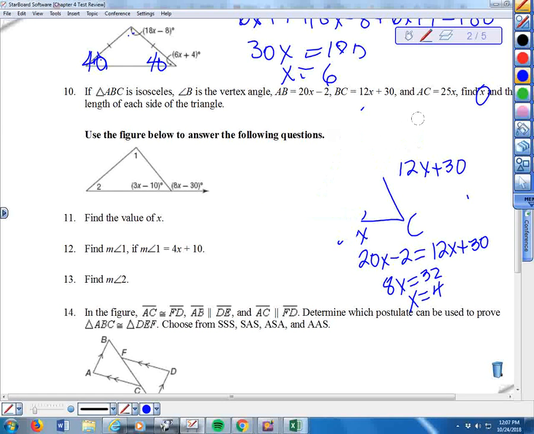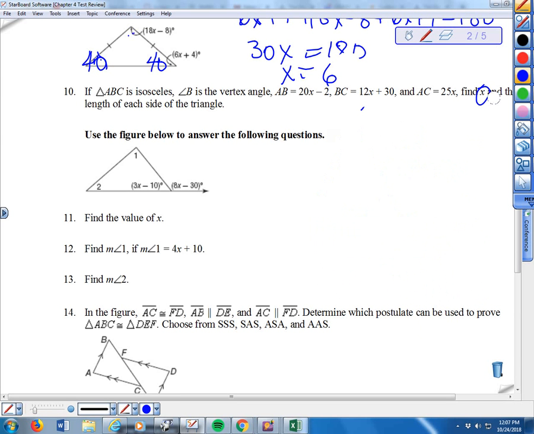All right. Use the figure below to answer the following questions. Find the value of x. So what can I do with these two? Yeah, add them up and set them equal to 180 because they make a linear pair.